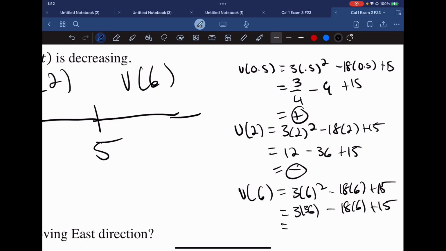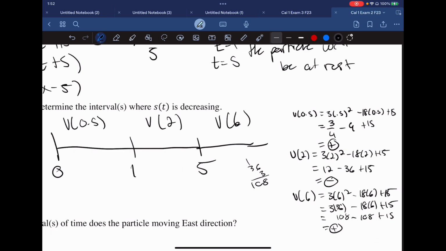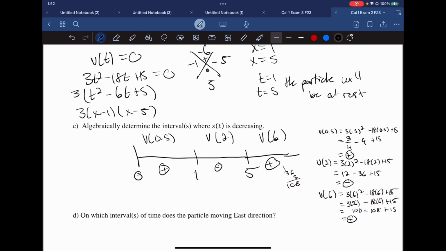This is going to be 3 times 36, which is 108, minus 108 plus 15, and this is going to be a positive number. Alright, so this is going to have a positive slope, this is going to have a negative slope, this is going to have a positive slope. So S of t is going to be decreasing from the interval 1 to 5, proven by right there.